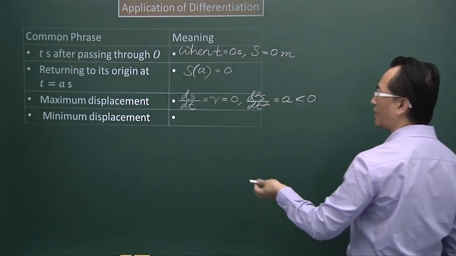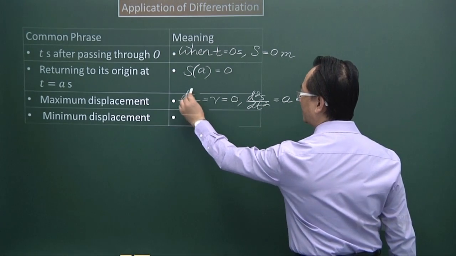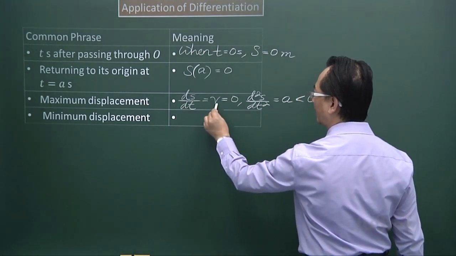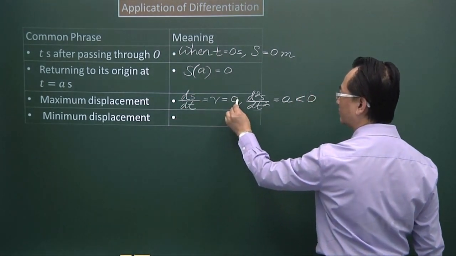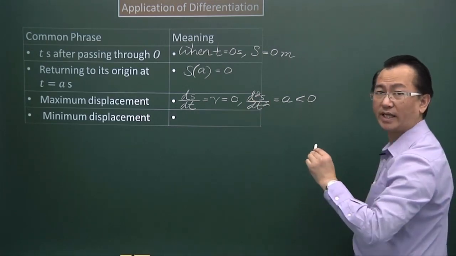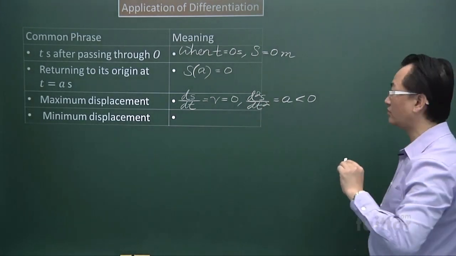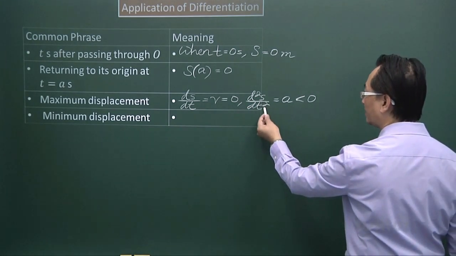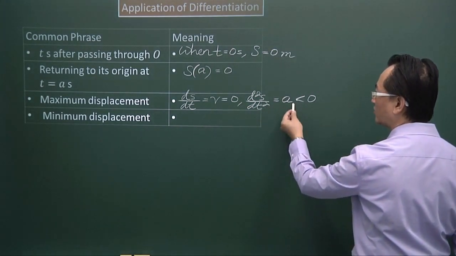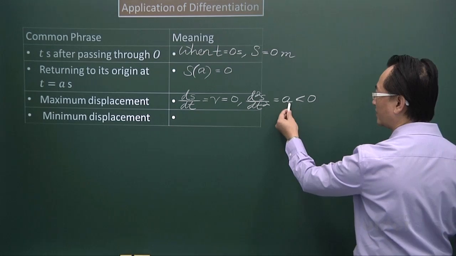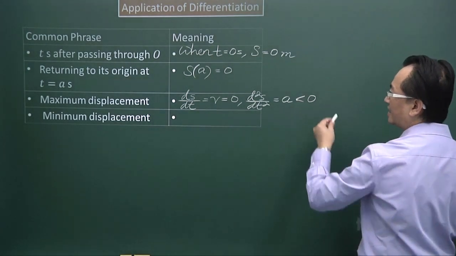So you can see I put down here ds over dt equals v, that must be 0 because we are talking about a maximum point. The gradient should be 0. The second derivative of the displacement, which is equal to the acceleration, is less than 0.